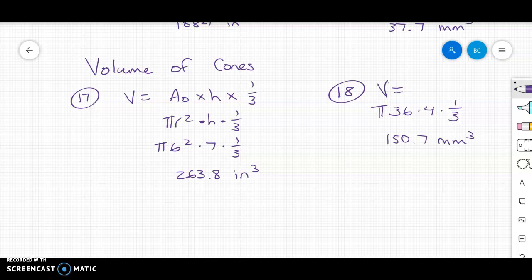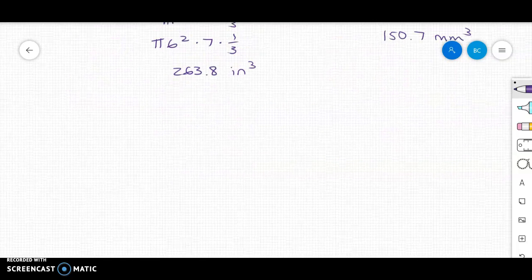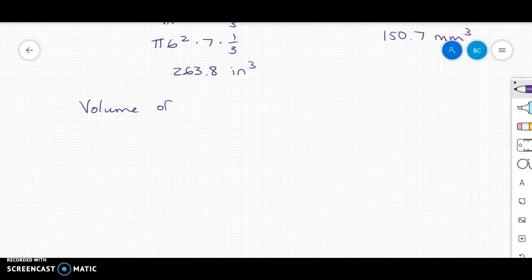Finally, I then have the volume of a couple of spheres. So again, what we've learned is that the volume of the sphere is 2/3 times the volume of the cylinder. So the volume of the cylinder is going to be pi r squared times the height.